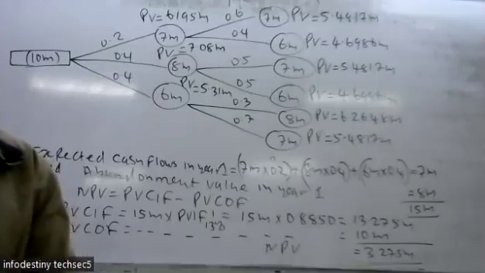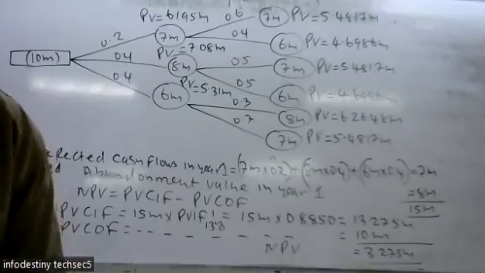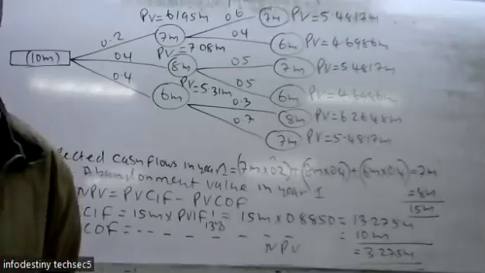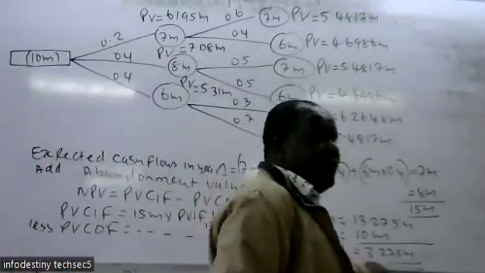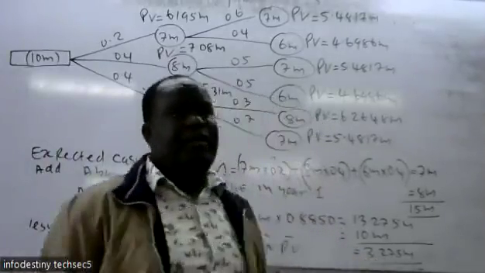So we are advising for the Roman letter 2. They had asked you to justify whether abandonment is viable. I've said that this is NPV with the abandonment. The other one was NPV without the abandonment.